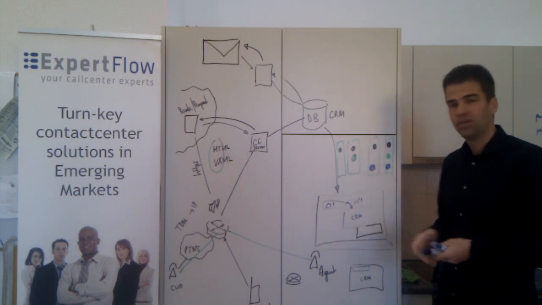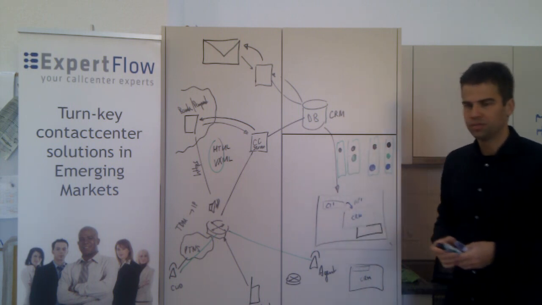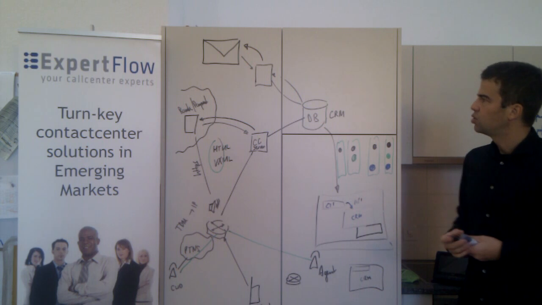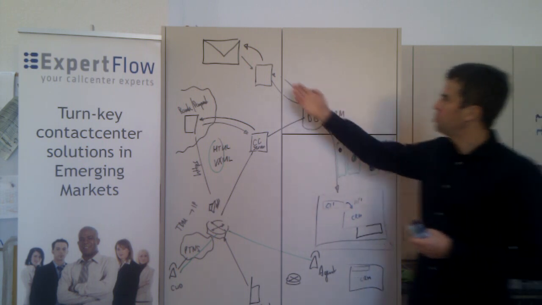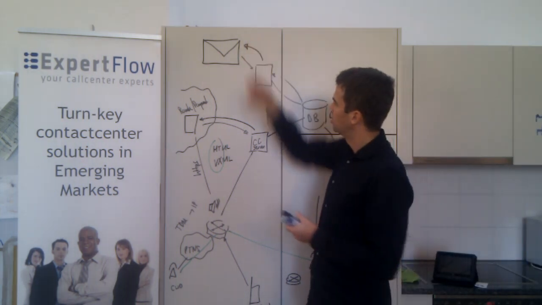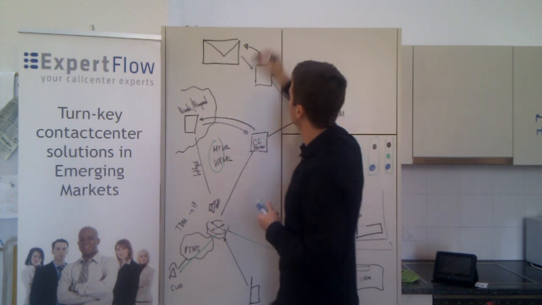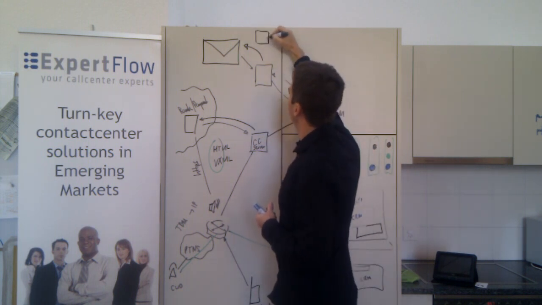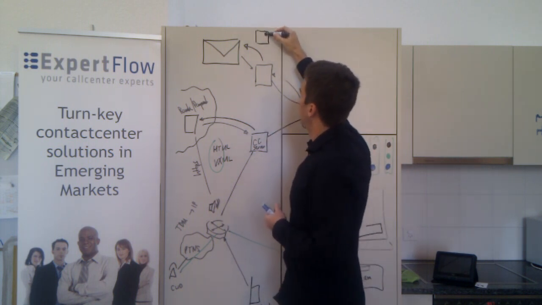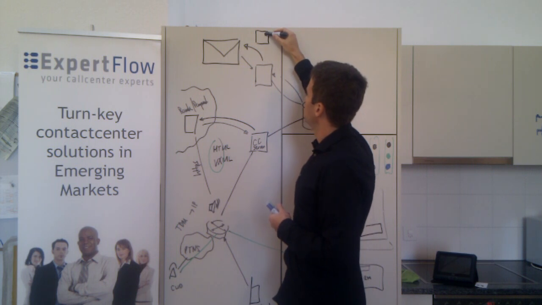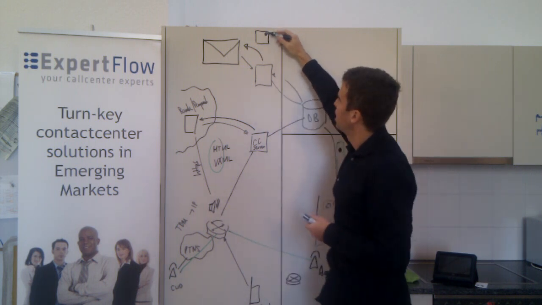So a web chat, if one of your customers comes onto a web server, for example, and sees a little button here, click here to chat with an agent, that will again be queued here. You can send an automatic response. You can send video to this particular station.